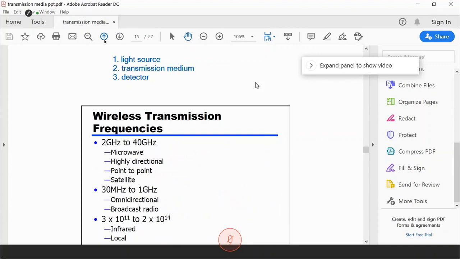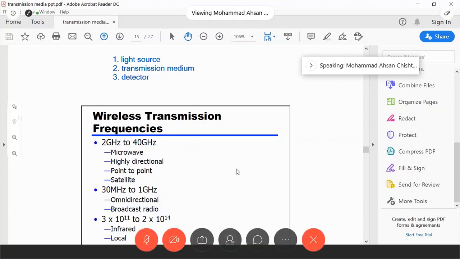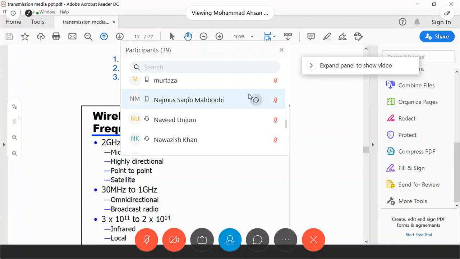Among the main bands that we use for transmission, 2 gigahertz to 40 gigahertz is the microwave, highly directional point-to-point and satellite communication. 30 megahertz to 1 gigahertz is omnidirectional broadcast radio. So basically, we use these frequencies for transmission of data.